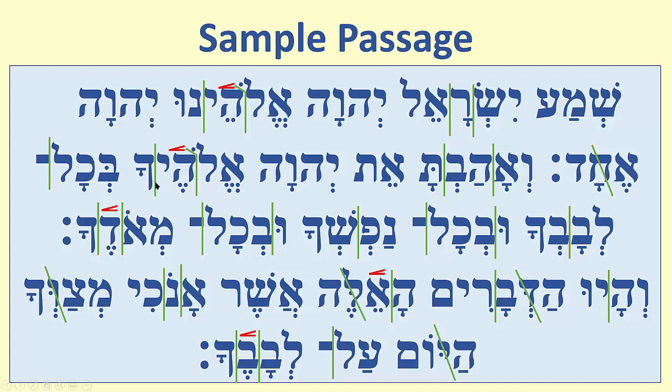Elohecha. The first syllable has a cluster with a long vowel in an open syllable. The next one has a segol yod. Some people would call this a long vowel. Some people would say this is a short vowel with a consonantal yod, so this is actually a closed syllable. Either way, it follows the rule of unaccented syllables.